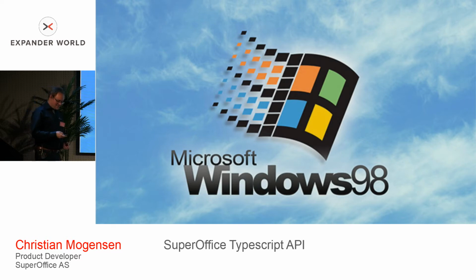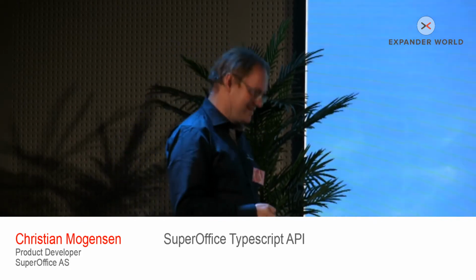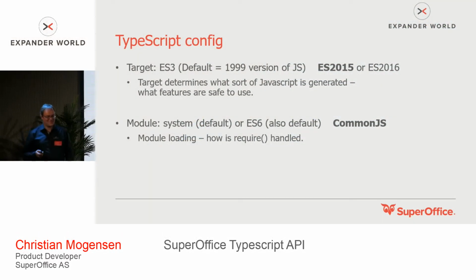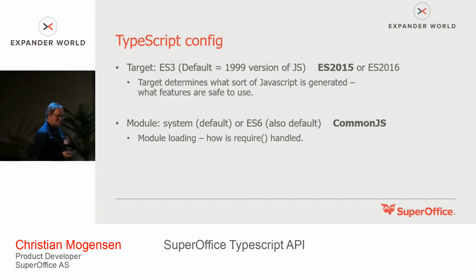The ES5 and ES3, ECMAScript 5 and ECMAScript 3, is kind of JavaScript as it existed back before I started in SuperOffice, so a very long time ago. It turns out that's the default. They chose the default version to be the oldest one, to be most inclusive.